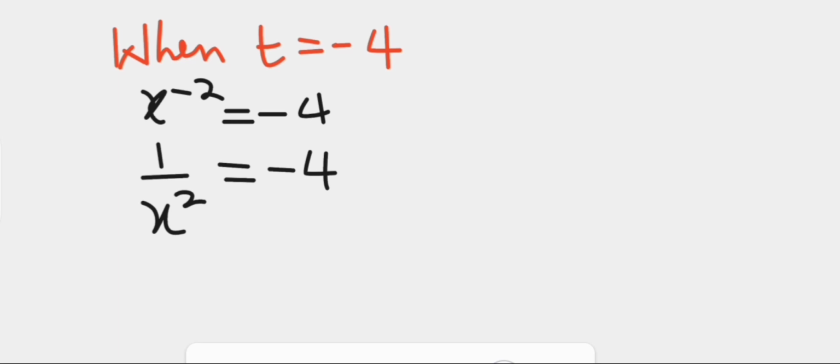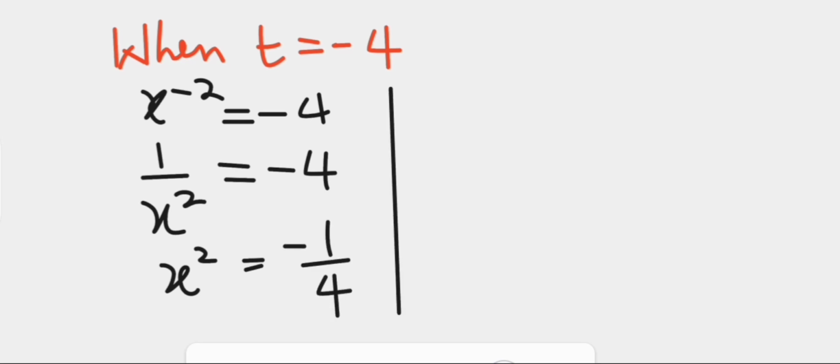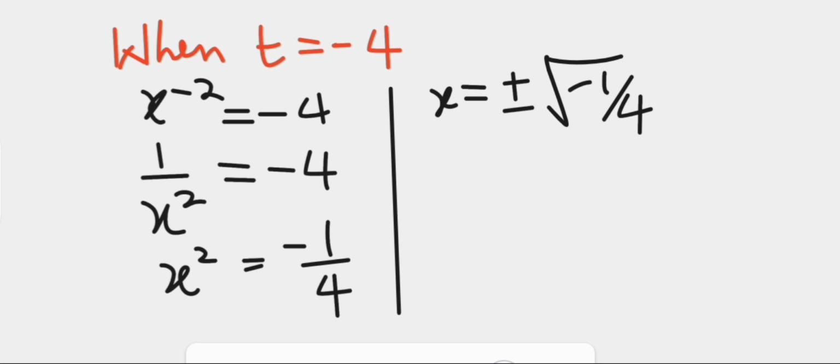Taking the reciprocals of both sides as usual, it's going to give us x squared equals minus 1 over 4. Then taking the square root of both sides, x is going to be plus or minus the square root of negative 1 over 4. Now looking at this solution, we know it is a complex solution.